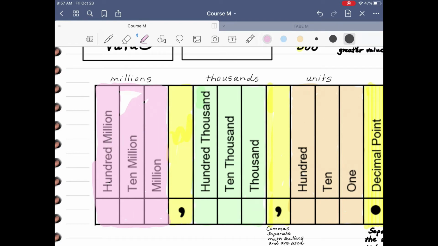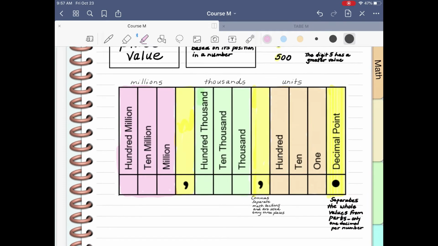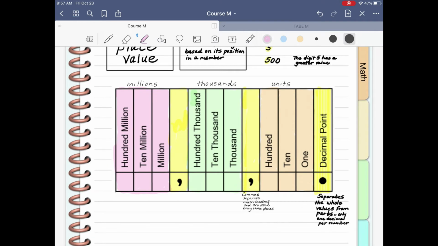I wish I could make an interactive chart where you could just keep changing this out. But let's say that I put in a 5. You don't have to do this because if you can't erase, you don't want to mess your chart up. But a 5 in this seat is worth more, way more, than a 5 in this seat.